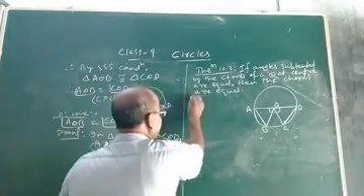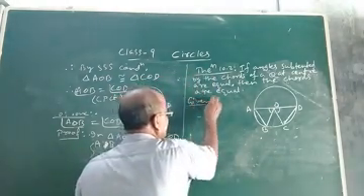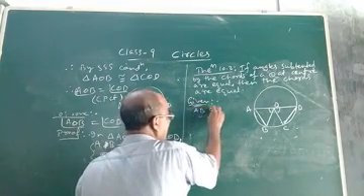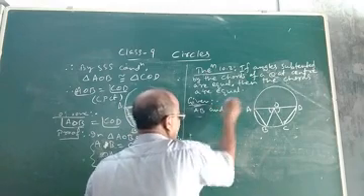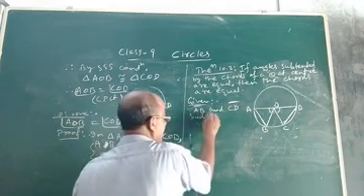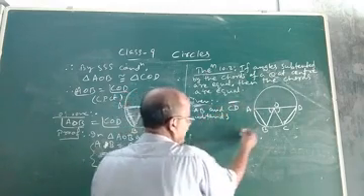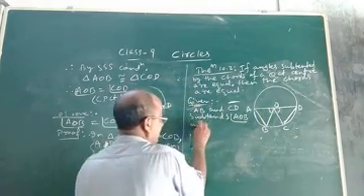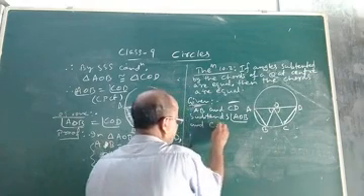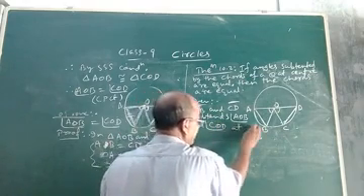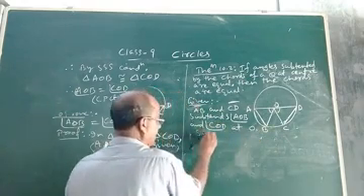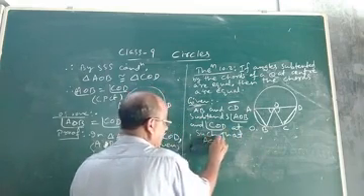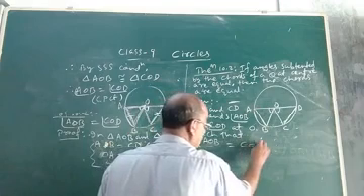So what will we write as given? Chords AB and CD subtend angle AOB and angle COD at the center O, such that angle AOB equals angle COD.